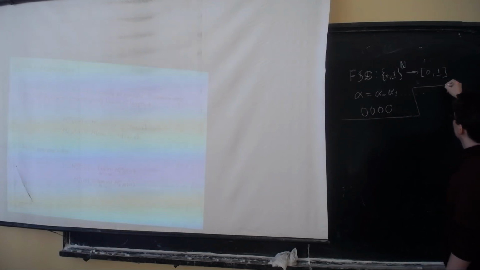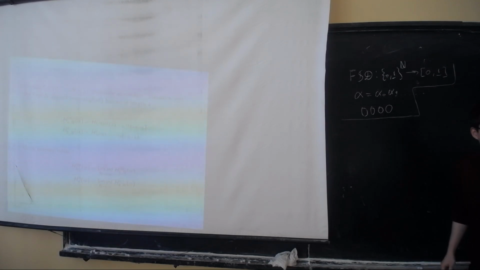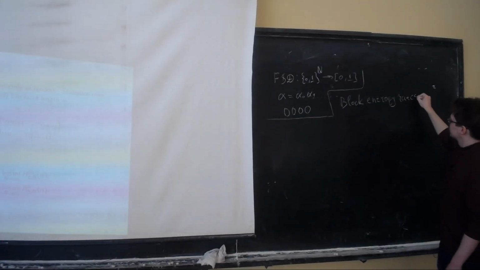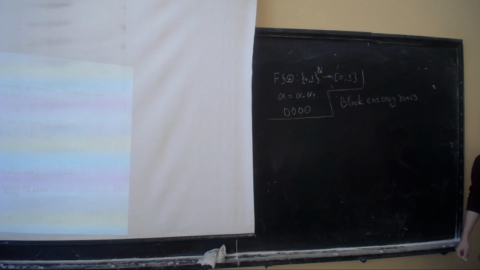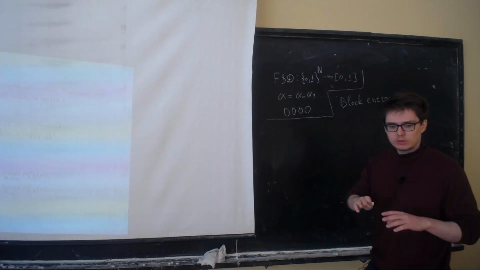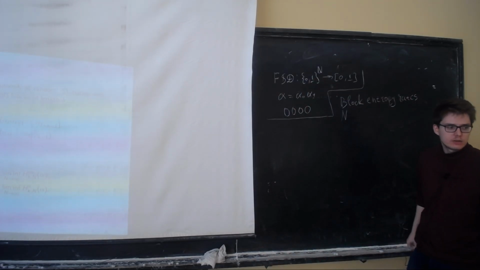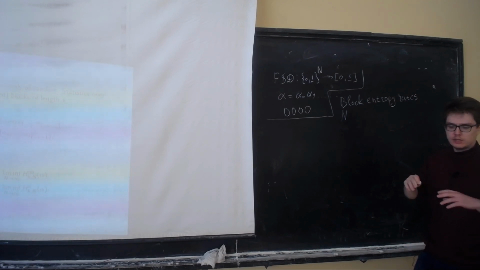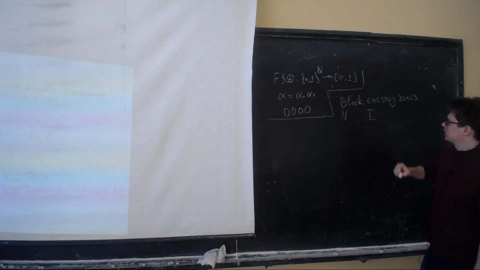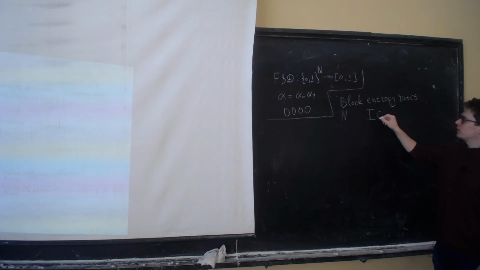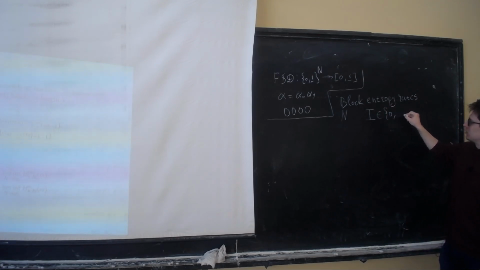I want to define what is called block entropy rates. Suppose that I'm looking at, for example, the first capital N non-aligned occurrences of the block. So I take I uniformly at random from 0 to capital N minus 1.